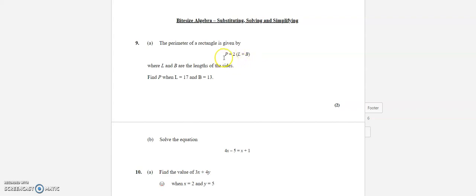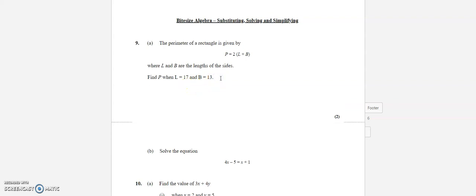Now all this is saying is the perimeter around the outside is 2 lots of the length and 2 lots of the breadth or width, depending on your preference. L and B are the lengths of the rectangle on each side, and P is just adding them up. So what we're looking for is to find P when L equals 17 and B equals 13.